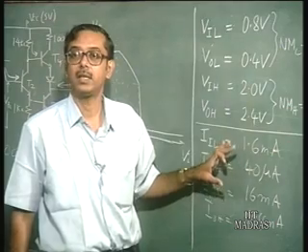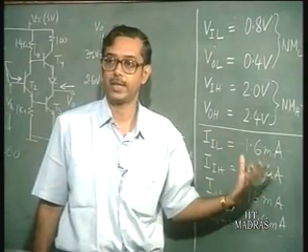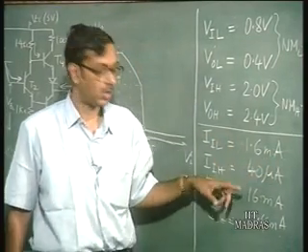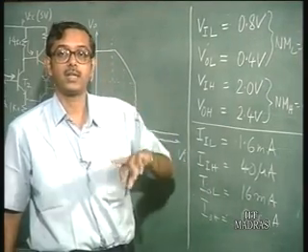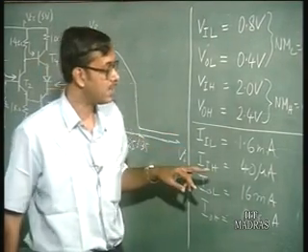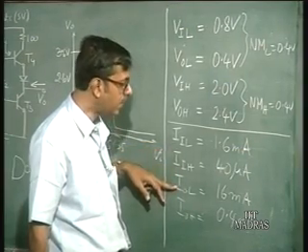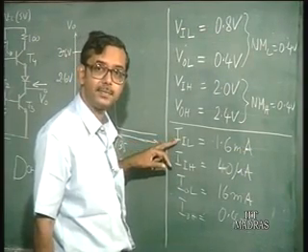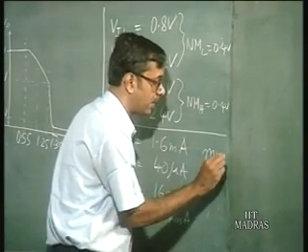How many gates can you connect at the output of a particular gate? So, you have to look at both the logic low and the logic high. You have to see, for example, IOL by IIL.